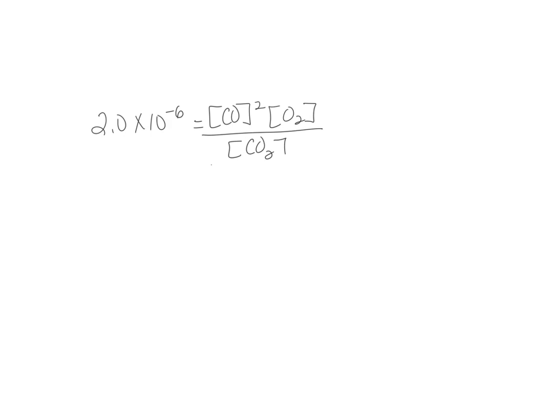So how the setup looks is this. We know K is 4.0 times 10 to the minus 6th. And we know that we're looking at carbon monoxide squared, because the coefficient was 2, times oxygen, all over carbon dioxide, and that's also squared because of the coefficient. We're going to make the assumption that x is going to be fairly small in this case again.